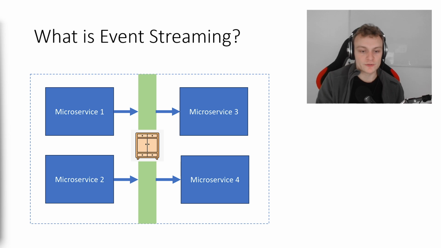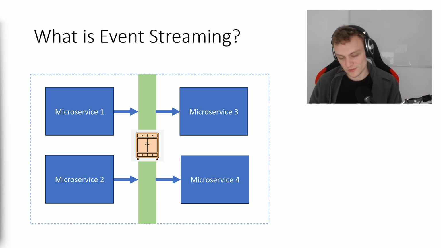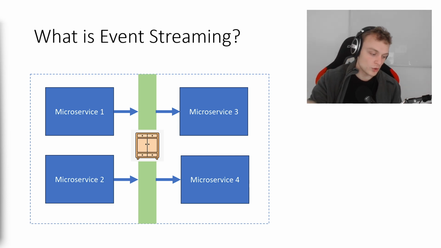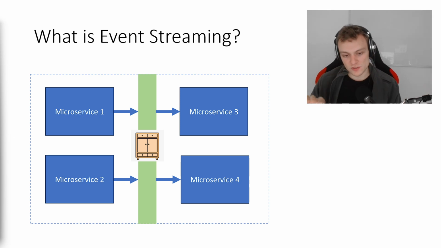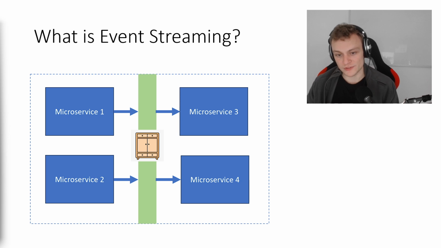For example, microservice 1 might put documents into the document drawer, and microservice 4 can open the document drawer and have a look what's inside. Simultaneously, microservice 2 could enter weather data, small cards where the weather and the temperature is written on, into the weather drawer, and microservices 3 and 4 could both look into that drawer and have a look at the information available.